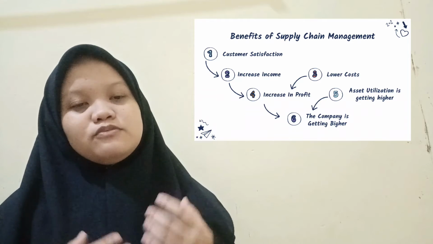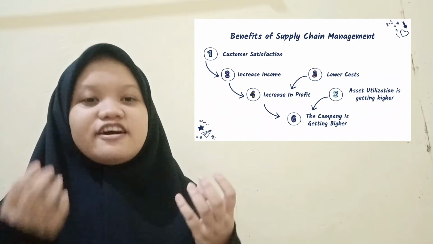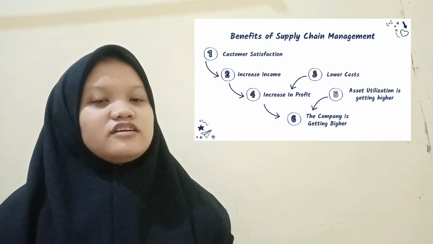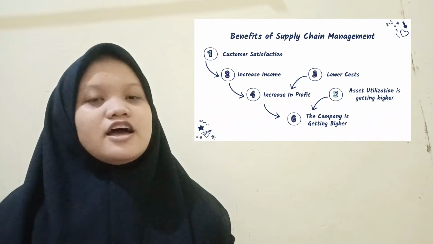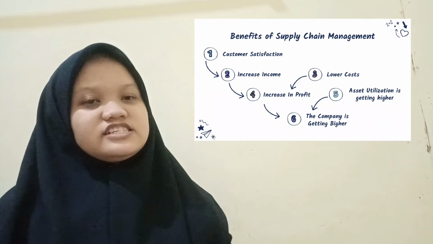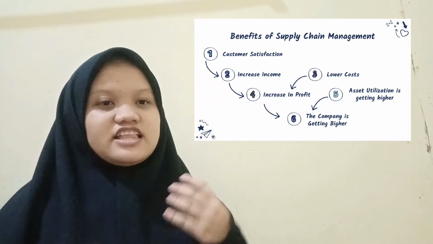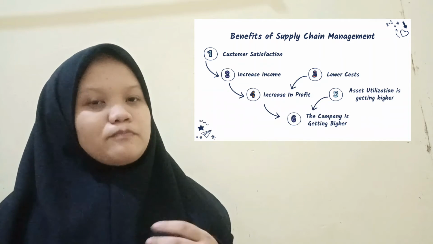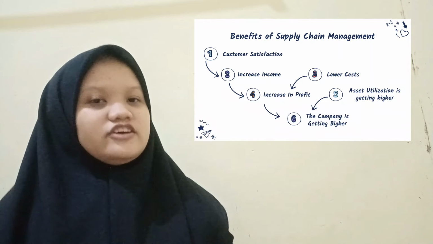Integration of distribution of goods or service from the companies to the customer will reduce the distribution cost. The fourth benefit is increase in profit. With increase in income and the lower cost, of course, the profit earned will also increase.